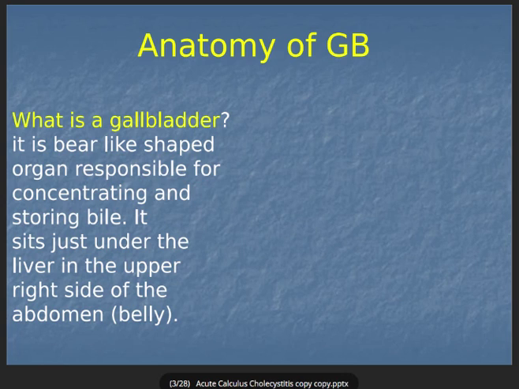It gets the bile from the liver and concentrates it; it absorbs water so it becomes concentrated, and stores it for when you need it. When you eat, food enters the duodenum and CCK is released by the stimulus of food, which contracts the gallbladder to eject the bile into the common bile duct, and at the same time relaxes the sphincter of Oddi, so the bile enters the duodenum.